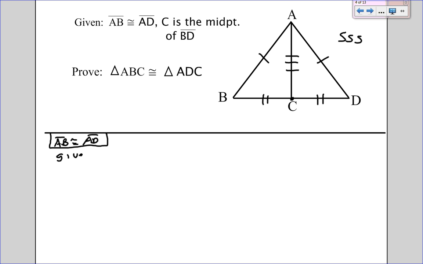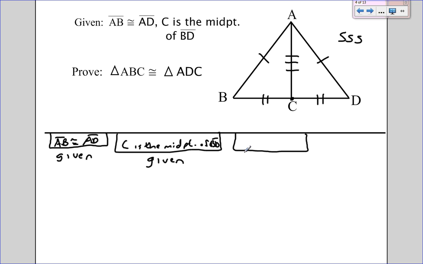Given, I'm just doing a straight copy once again. C is the midpoint of BD. Straight copy. And finally, I had a reflexive side, so I need to go ahead and put that on top. AC is congruent to AC. So I have one congruent statement, two, so I need a third.